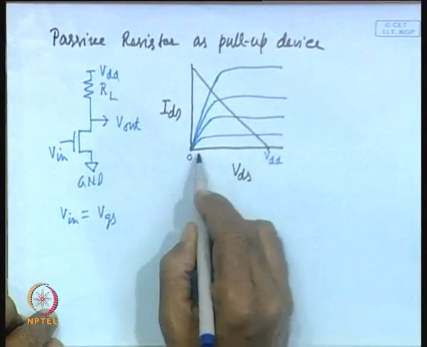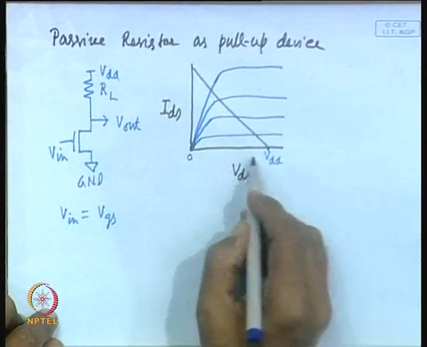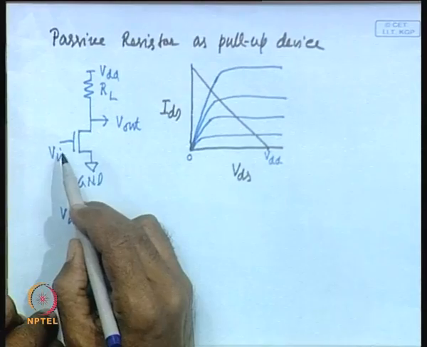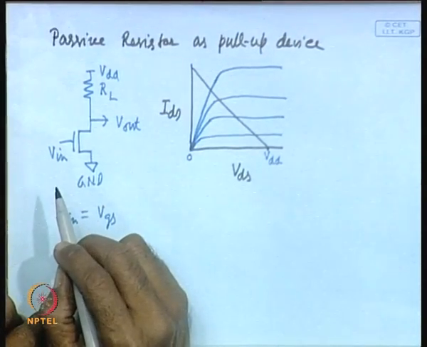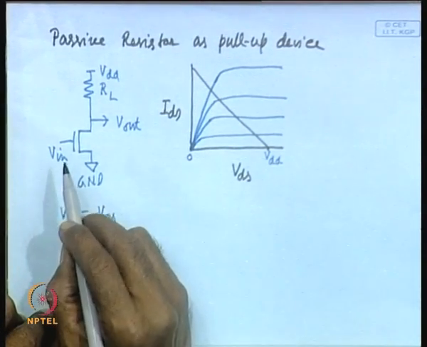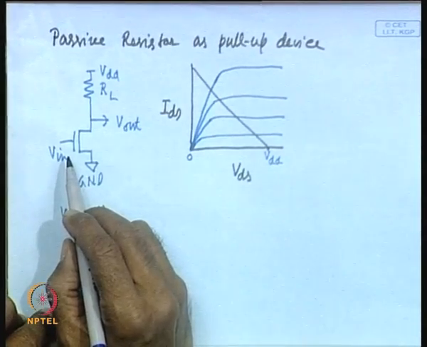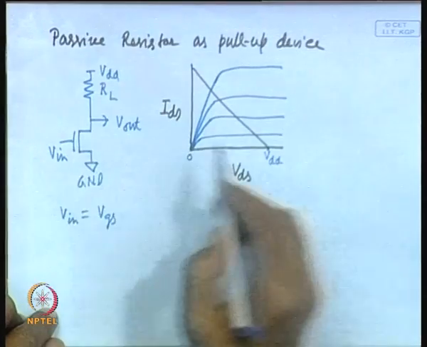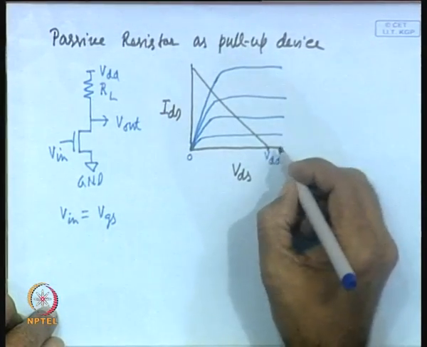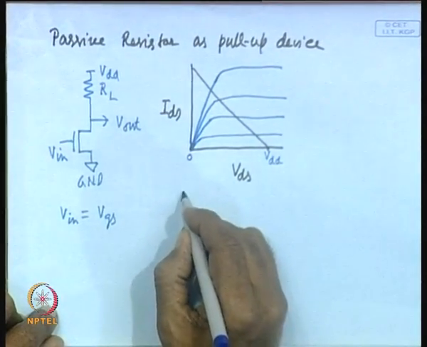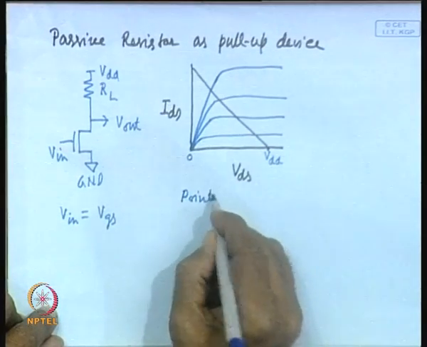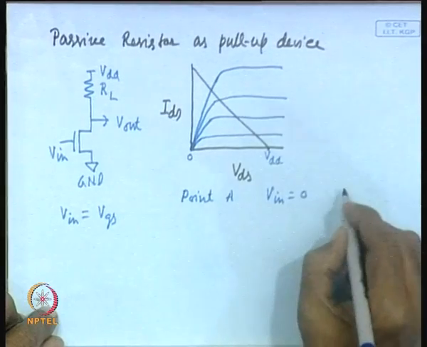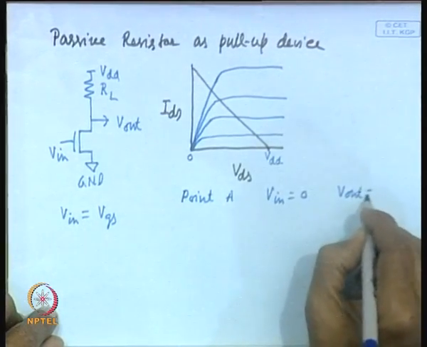To do that we have to draw the transfer characteristic, but here you are applying the input, and the input is changing from 0 to VDD. So, when the input is 0, what will be the output? This transistor will be off, so you will get output VDD. This point A corresponds to V in equal to 0 and V out equal to VDD.